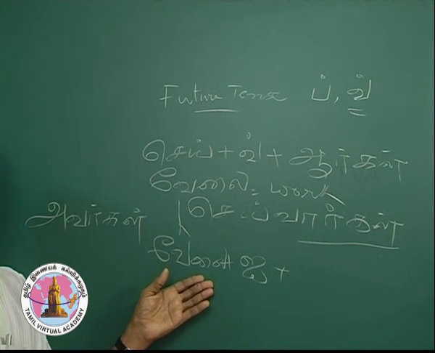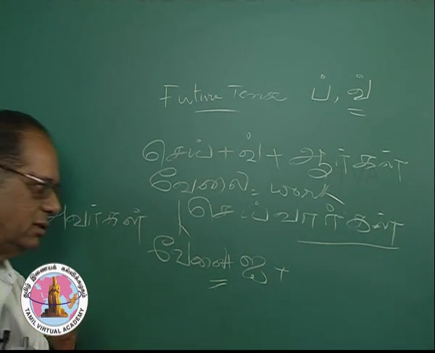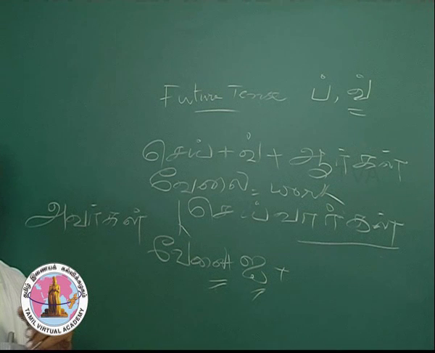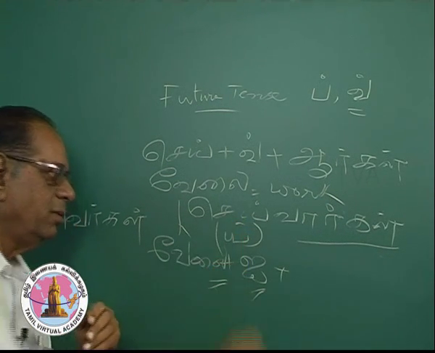How will this get combined? This ends with a vowel. So naturally between two vowels you must have a semi-vowel.